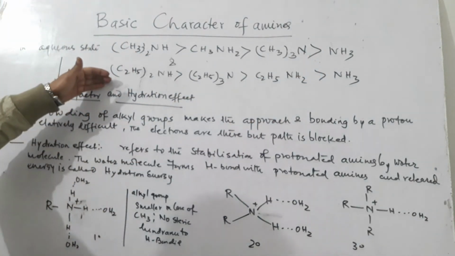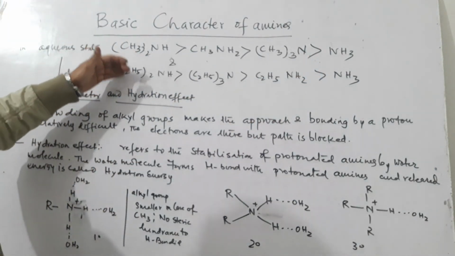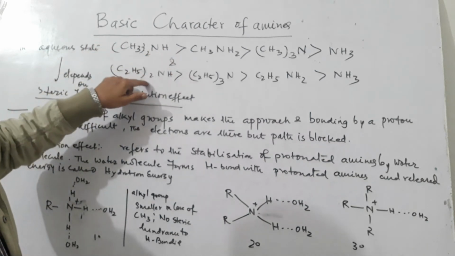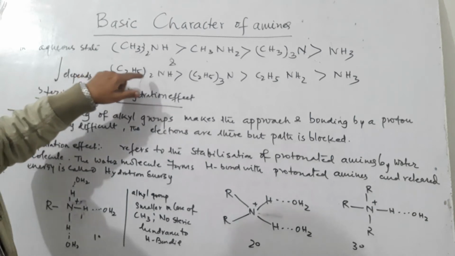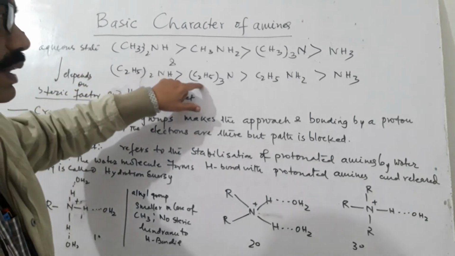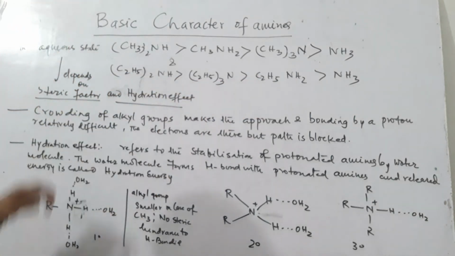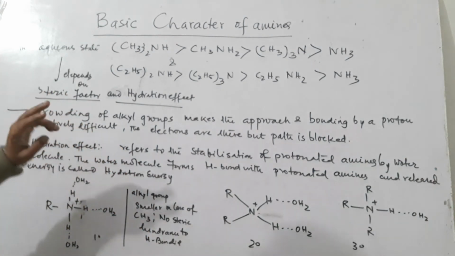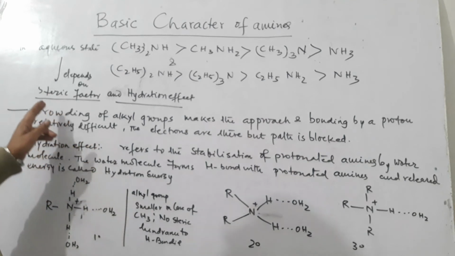That means most basic is the secondary amine in both the cases, but in case of ethylamine the order will be secondary, tertiary and primary.